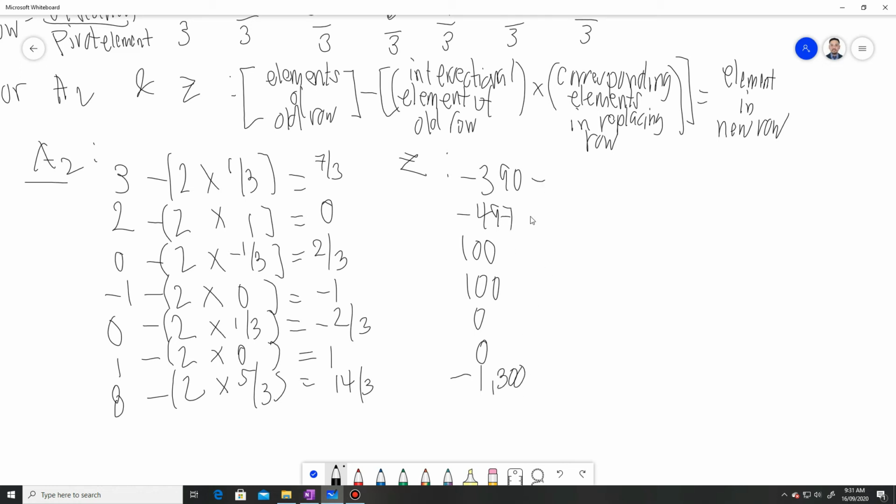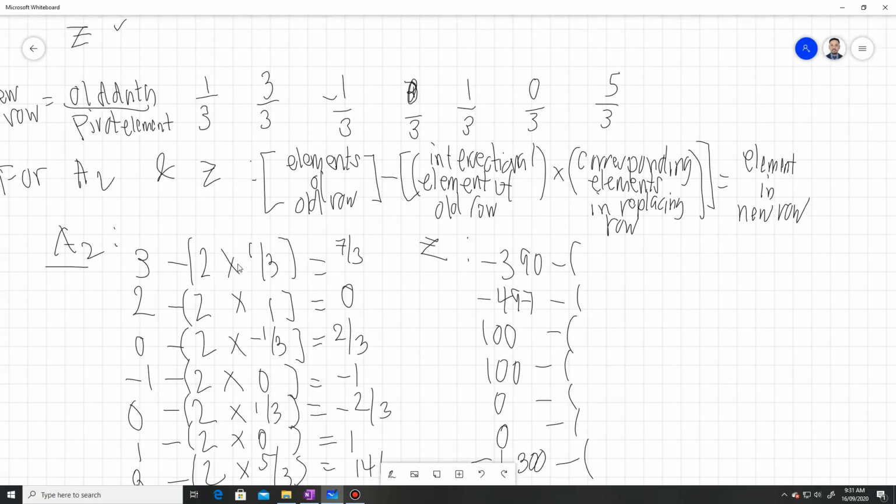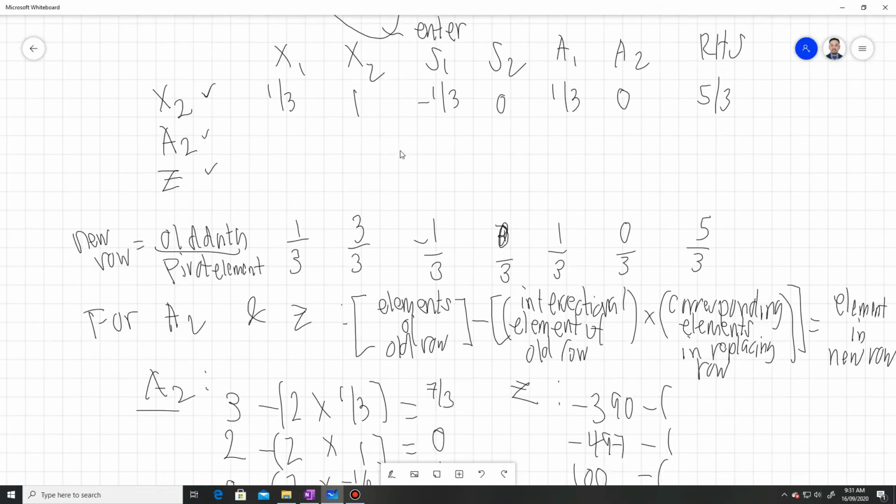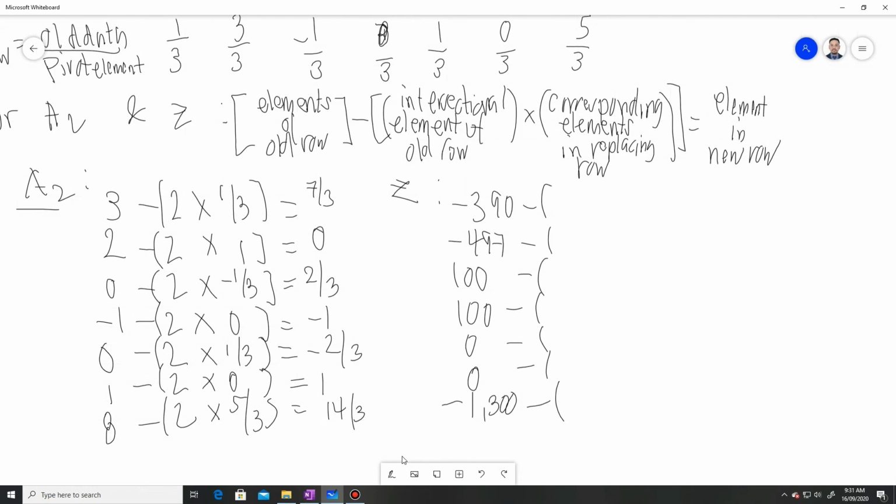Then minus parentheses, or you can use brackets, the intersectional element of the old row. So this is the intersectional element, negative 497. We write negative 497 to all of the formulas.